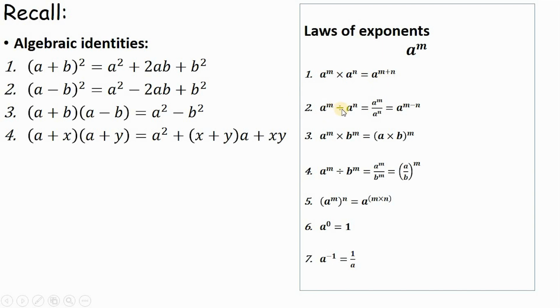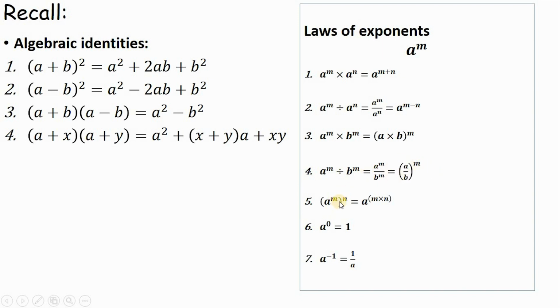Similarly, while dividing a power m by a power n, the bases are the same, powers are different, so you'll subtract. Similarly, when the powers are the same, we take the power common and multiply the 2 bases, and when the powers are the same during division, we divide the bases and take the power common.